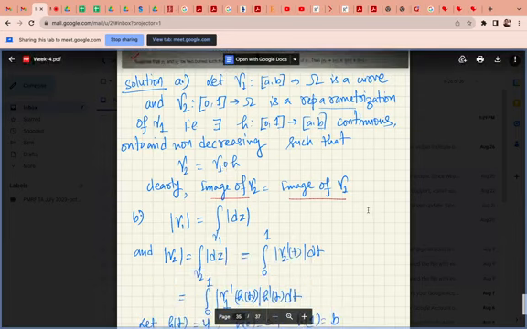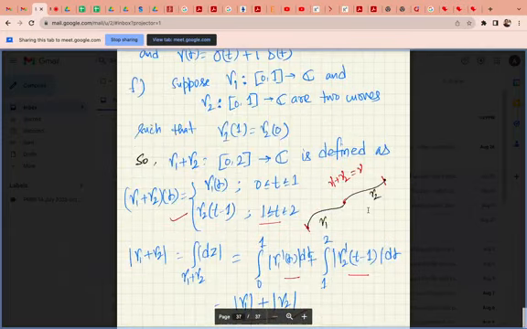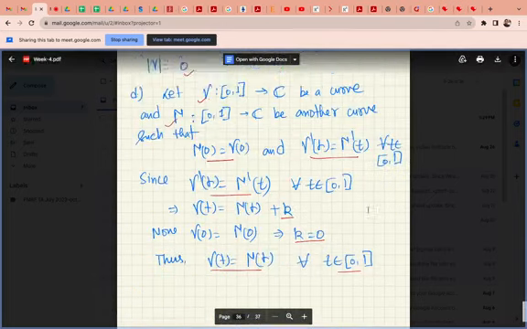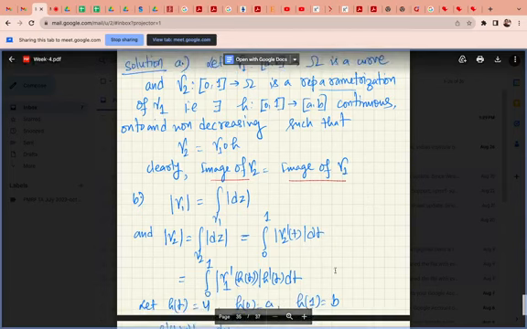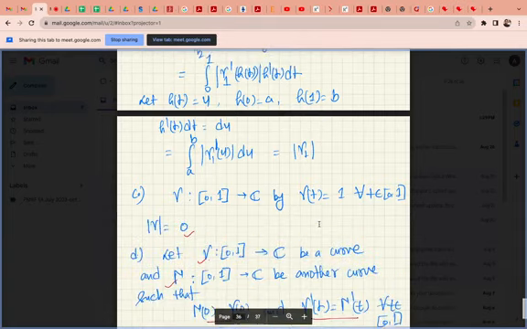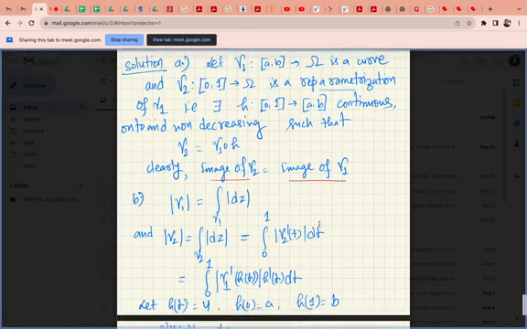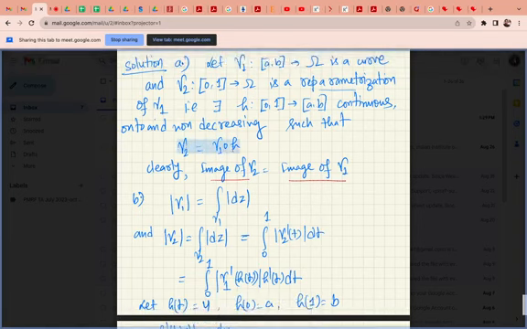Okay. Now, you just see how we calculate this. Here gamma 2 of t is equal to gamma 1 composition h of t.